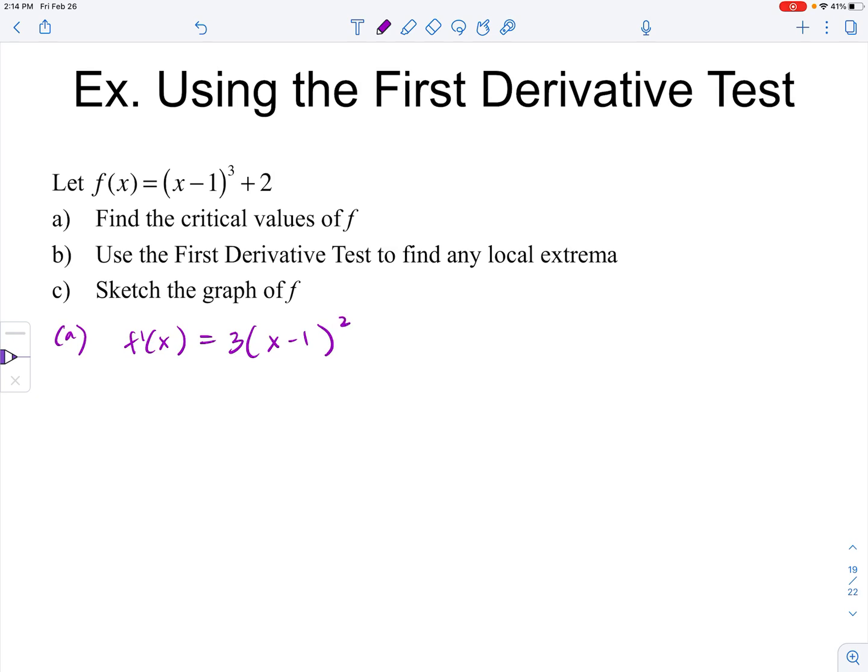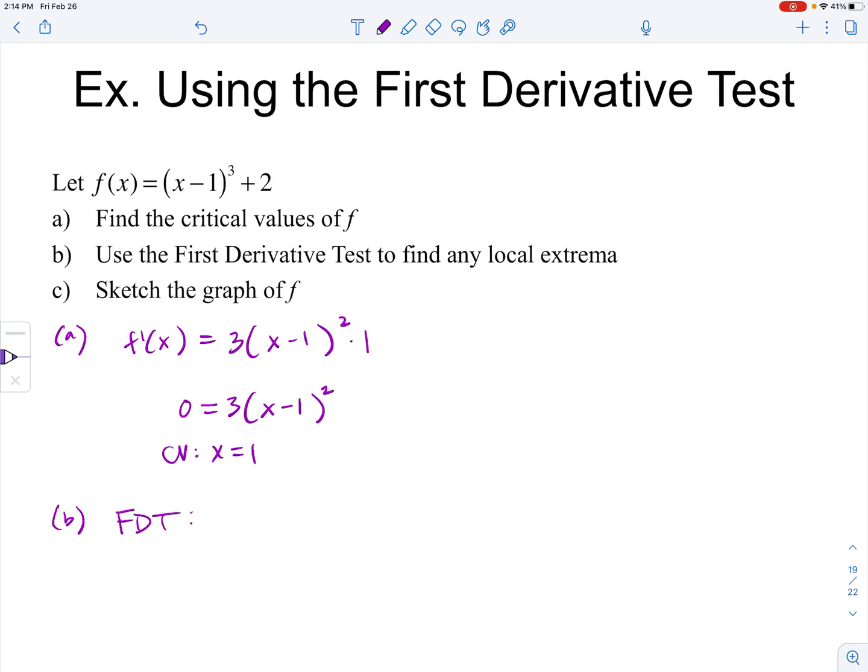I'm going to use chain rule. It would be times 1, and then that plus 2 goes away. So setting the derivative equal to 0, it's not going to be undefined anywhere again because we're still dealing with another polynomial function. X equals 1 would be the critical value, only 1 this time.